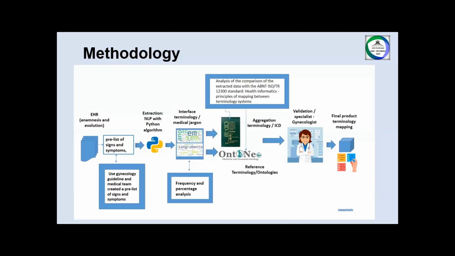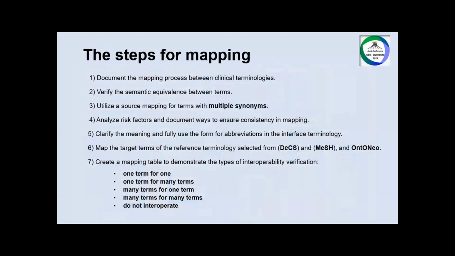This is a normative about health informatics, principles of mapping between terminology and systems. And after this, the physicians supported us to validate the correspondence, the map between the terminologies. And finally, we have this product, the signs and symptoms. So these are the steps for the mapping.